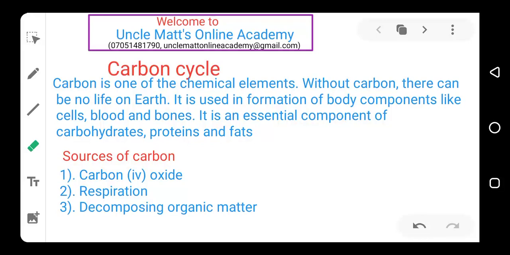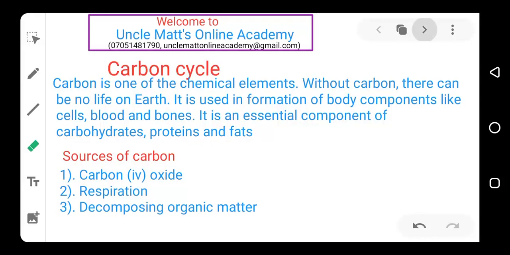So when we take in air, we are also taking in carbon dioxide, and through respiration we give carbon dioxide to the environment. And also when living things die, plants and animals, when they are decomposing, they also give out carbon sources.